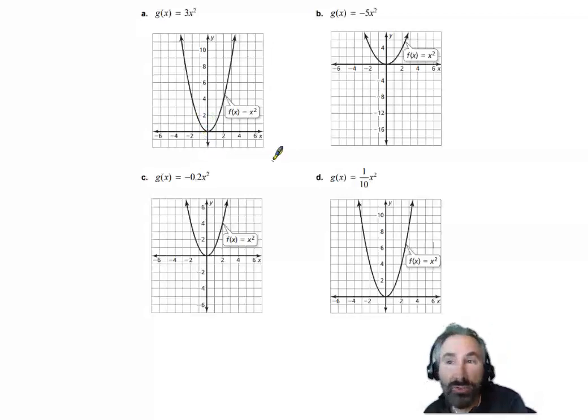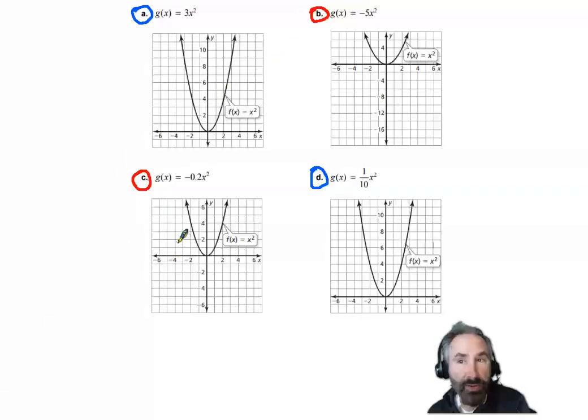And there's something I want you to look for when you do these first four graphs in this exploration. I would like you to compare graph A and graph D, and tell me what is similar about them and what is different. And then I'd like you to do the same thing with graph B and graph C.